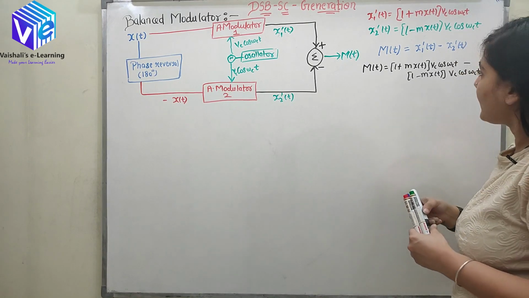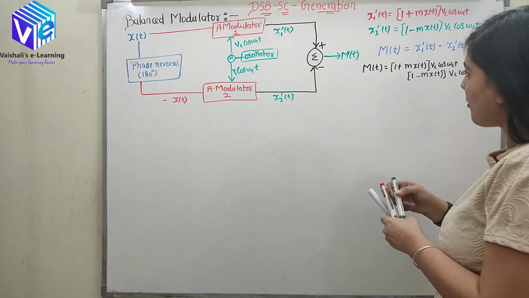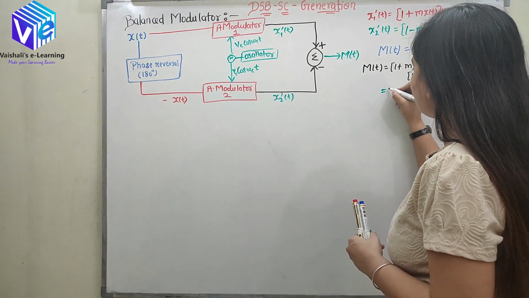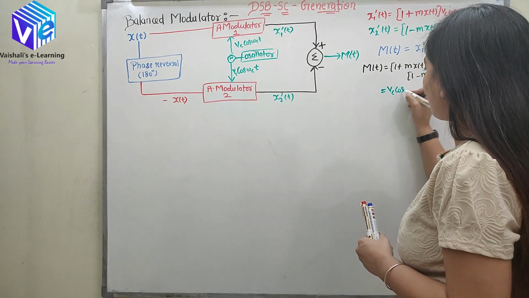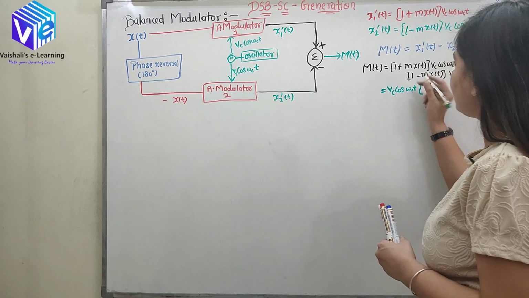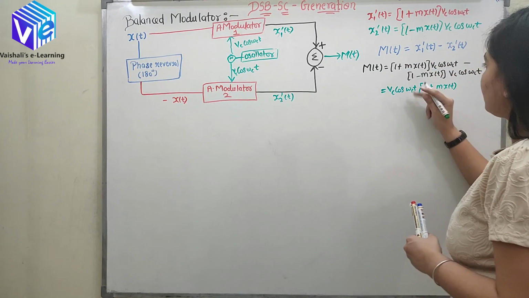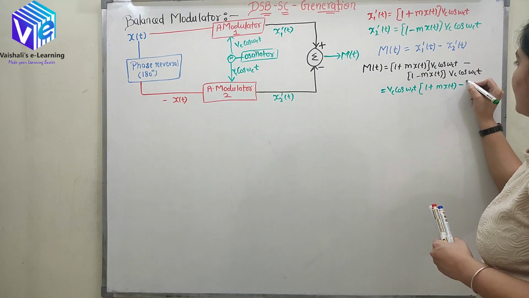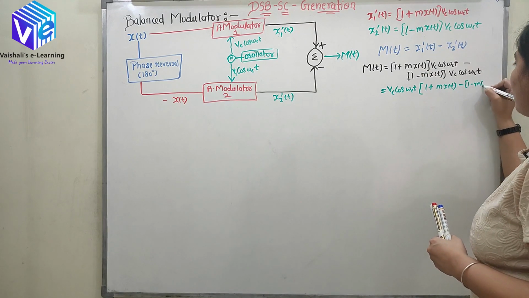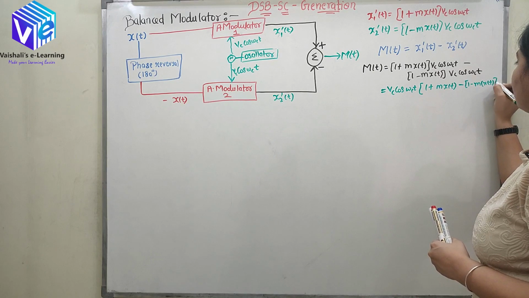So now I can take Vc cos(omega_c t) common. Here I am left with 1 + m x(t), and here I am left with minus 1 plus m x(t).